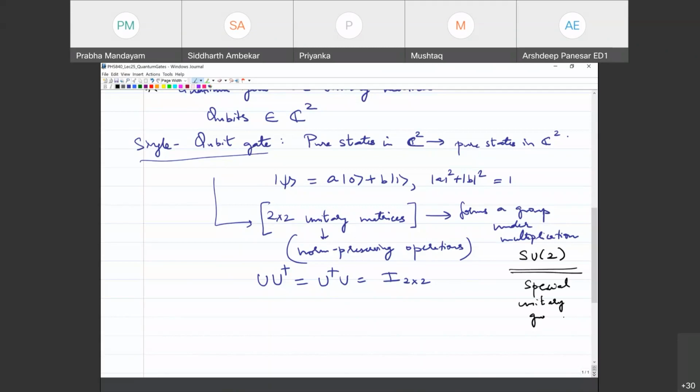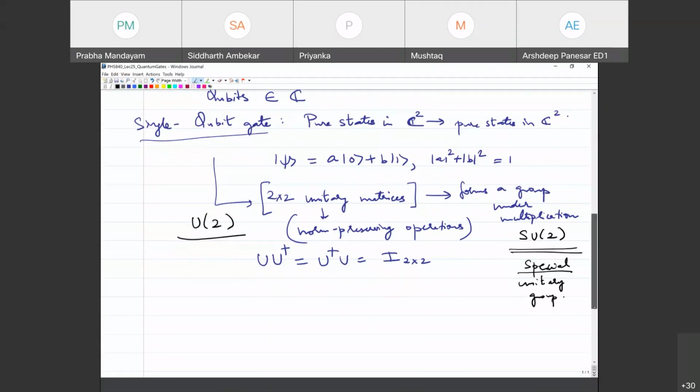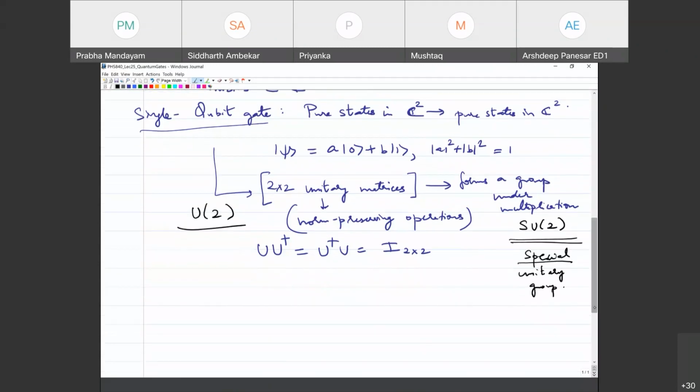Now, in general, the unitary group is just called U2, U of 2. If I want to talk about the unitary group or the set of unitary matrices acting on n qubits, let me do this step by step. So now this is for a single qubit, and it's a group under multiplication.